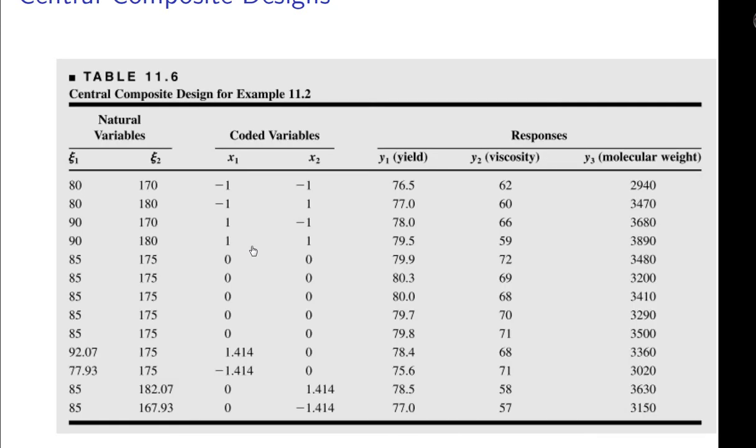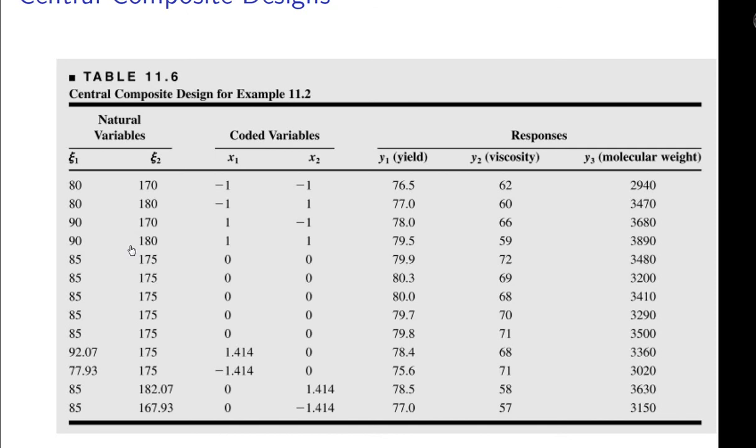This shows you the experimental design, or the design matrix, in different parts, and then the response variables. The first part on the left is what is referred to in the picture as the natural variables, the original factors and the values assigned to these factors in the original units of measure. They're shown as C1 and C2.